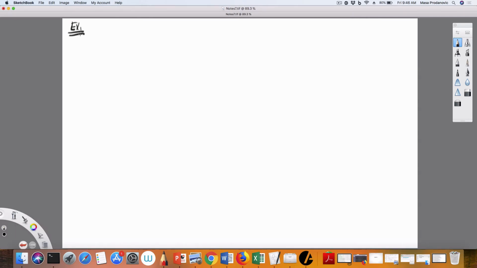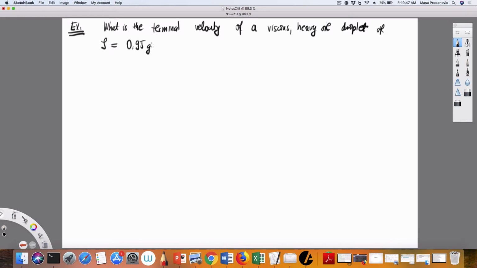What is the terminal velocity of a viscous heavy oil droplet of density 0.95 gram per cubic centimeter and diameter 1 millimeter in water?